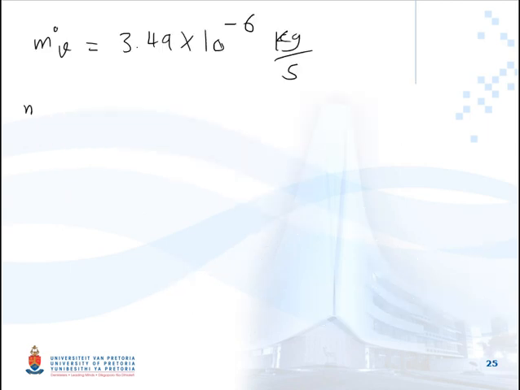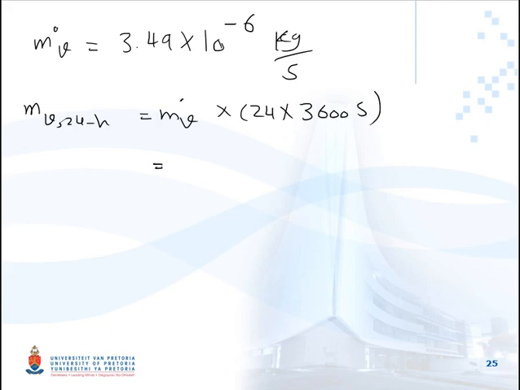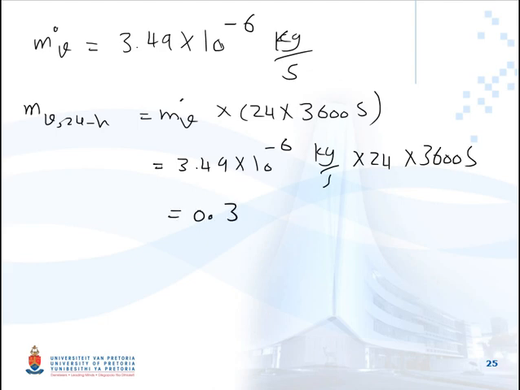So basically it's asking us to find the m of vapor in 24 hours. So m dot v multiplied by 24 times 3600 seconds: 3.49 times 10 to the power of minus 6 kilogram per second multiplied by 24 multiplied by 3600 seconds. So what we have is 0.302 kilogram or 302 gram.